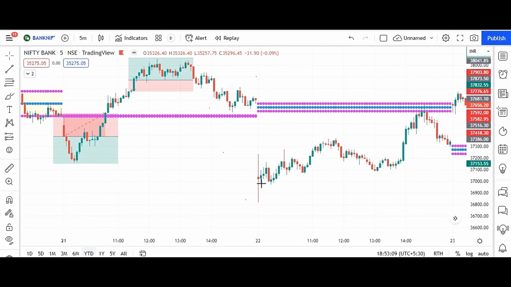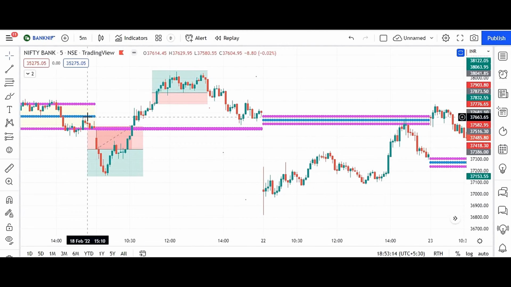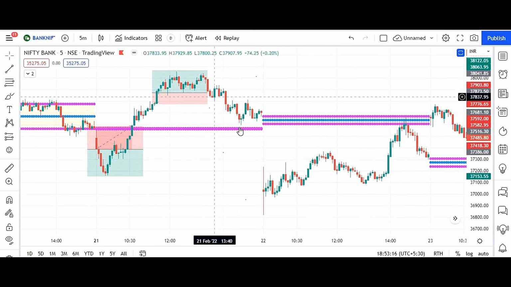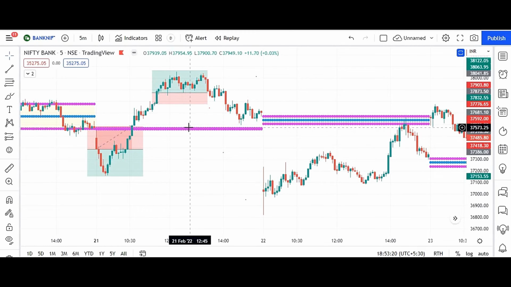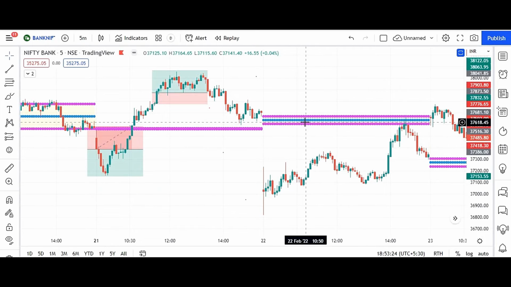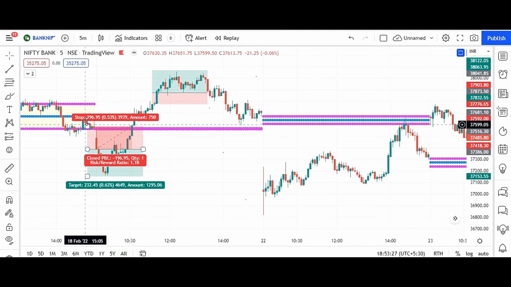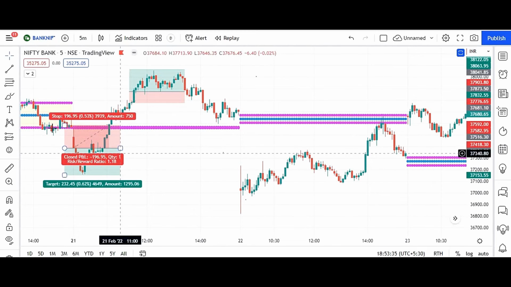Let's move to another. Here you can see this is the third case. It fulfills both the scenarios. You see, the second day happened, CPR is formed near the bottom center pivot, and the third day CPR is formed just inside the first day CPR. So this is a valid setup for us. Opportunity given here.